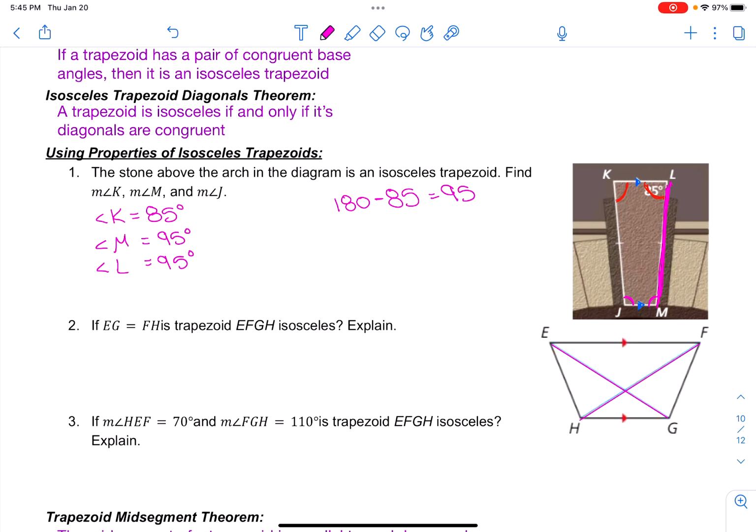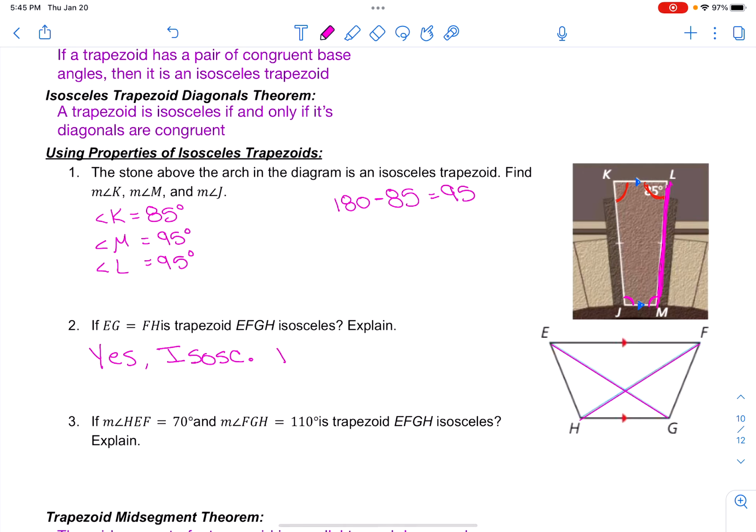They are talking about our diagonals, and it is saying that these two are equal. So yes, we can deduce that it is isosceles because of our isosceles trapezoid diagonals theorem. So I'm going to abbreviate a little bit.